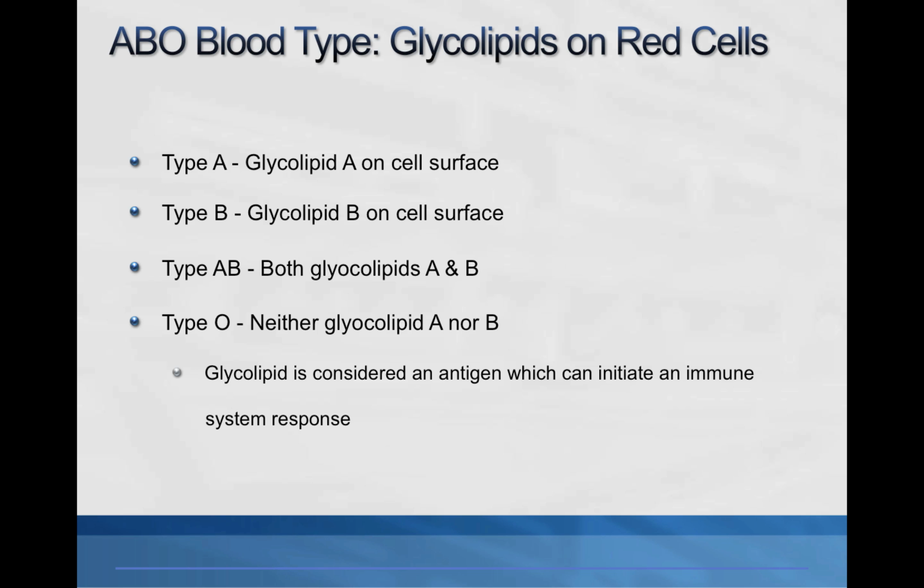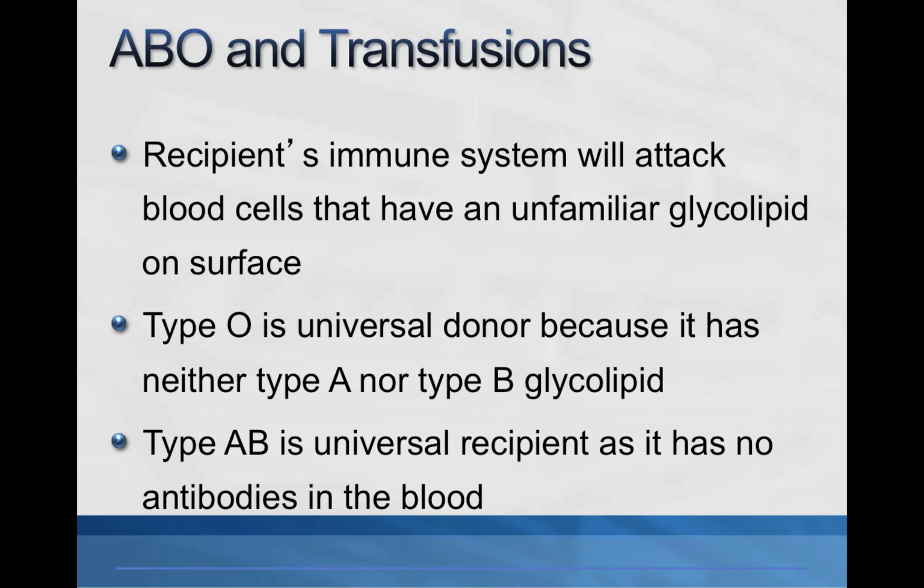It's your DNA that makes those antigens, and only you. So it's the immune system that is going to attack an antigen that doesn't belong in its blood. Type O is the universal donor, as I went over before. Type AB is the universal recipient.